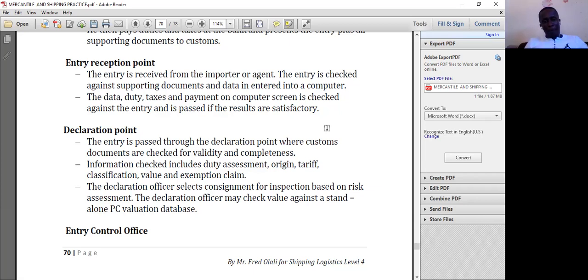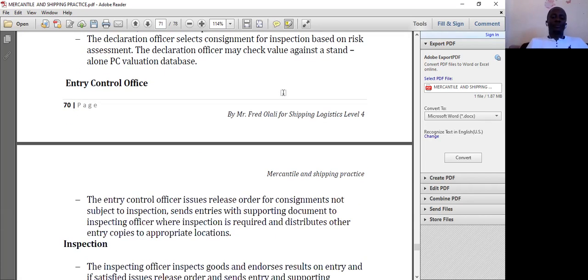At the declaration point, the entry is passed through and the customs documents are checked for validity and completeness. Information checked includes the duty assessment, the origin, the tariff classification, value, and exemption claim.